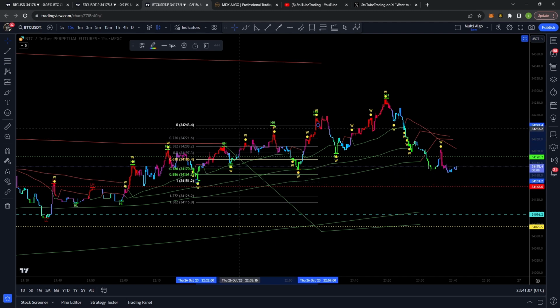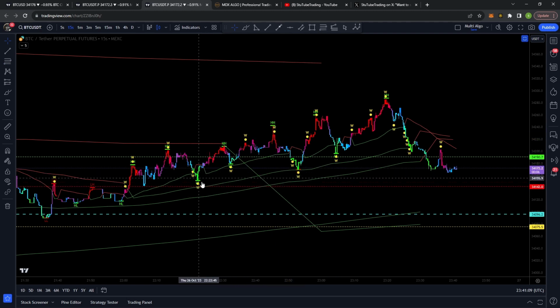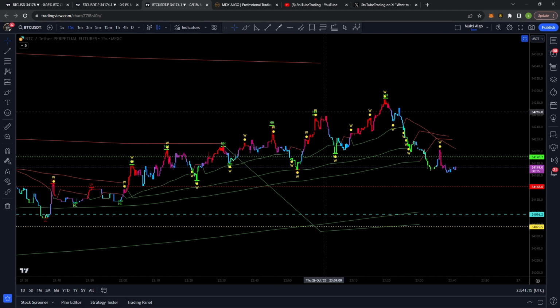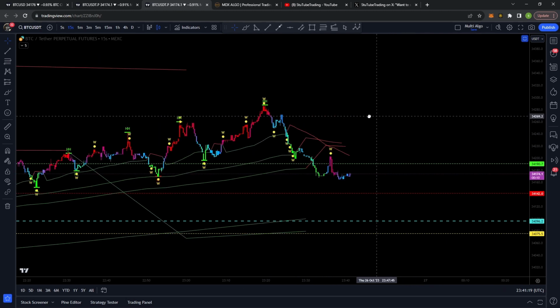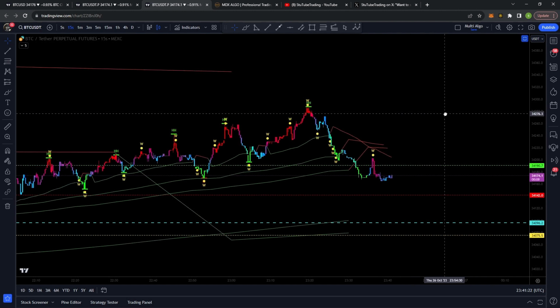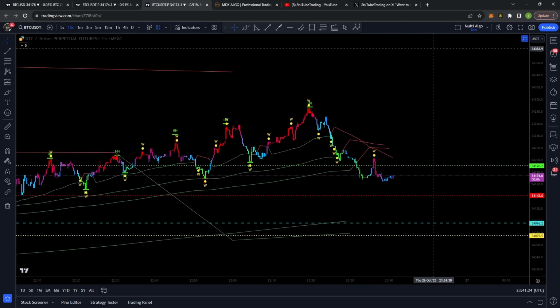So even though we set this higher low way back here, we usually come back very close to those levels. And quite often you can get such a nice tight stop loss when trading these indicators like that.